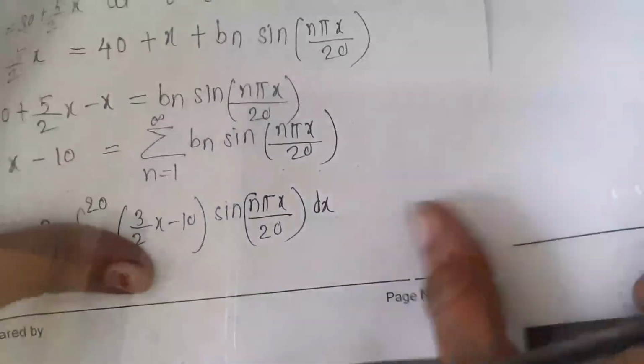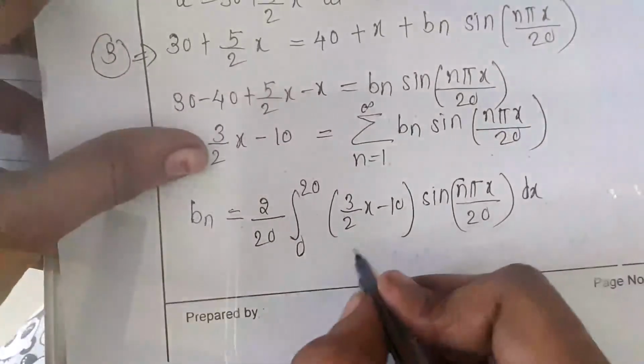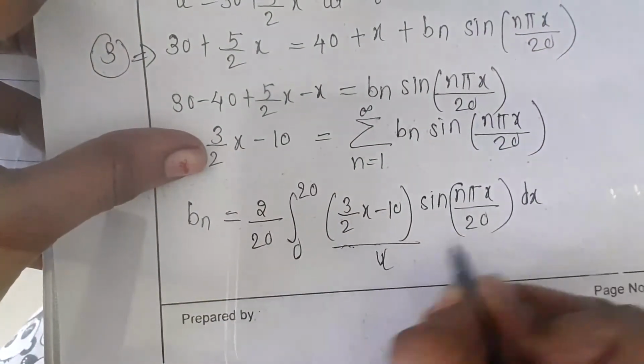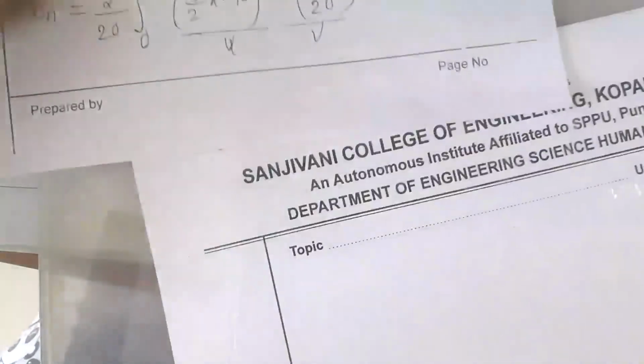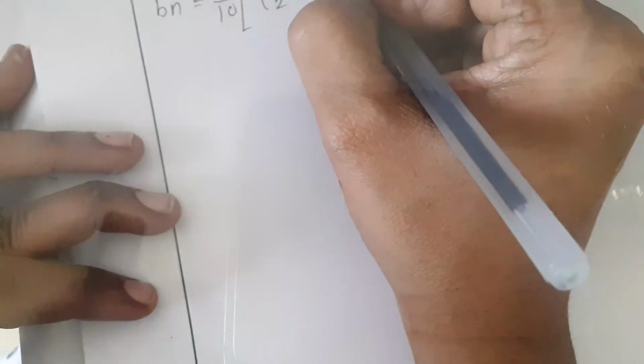We take this as u and this as v. So use the u into v rule, integration by parts. So bn is equal to 1 by 10 times 3x minus 2, first function, multiplied by integration of second, which is integration of sine is minus cos.